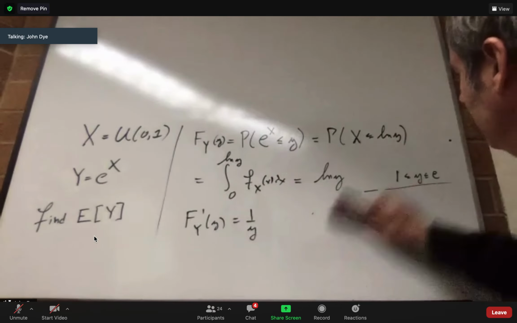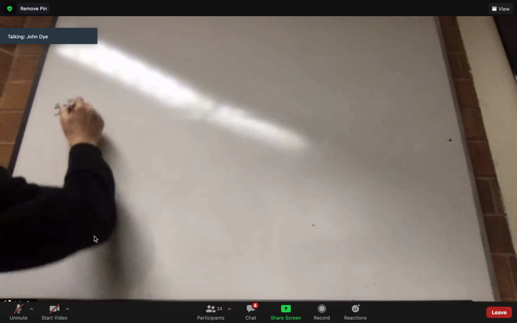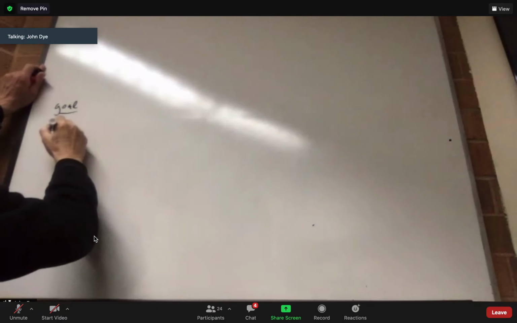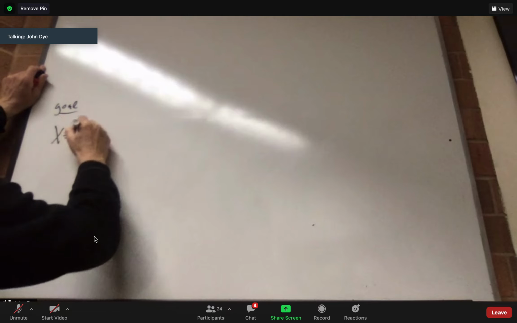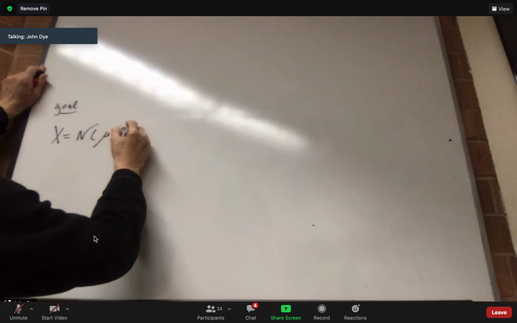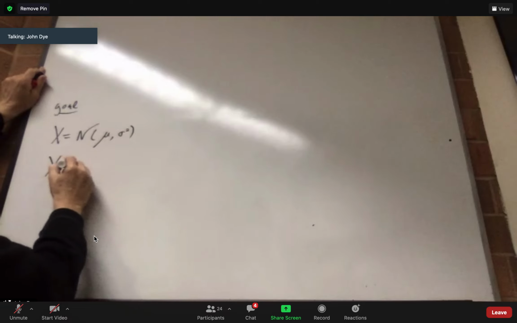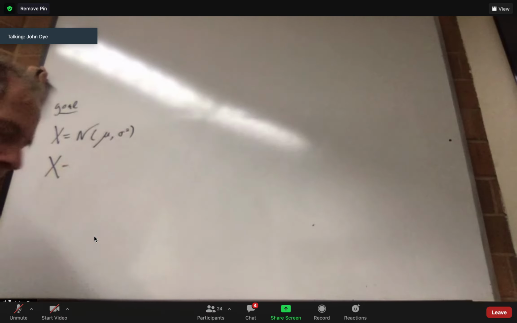Well, let's see. So what is the goal here? If X is normal with mean mu and variance sigma squared, then let's give a name to this translated variable.